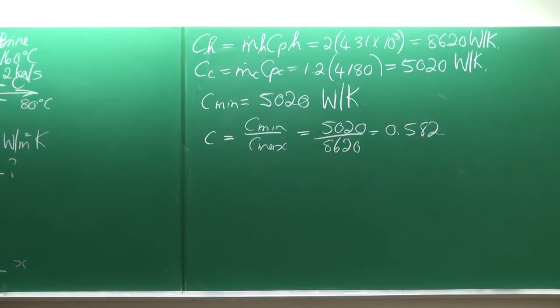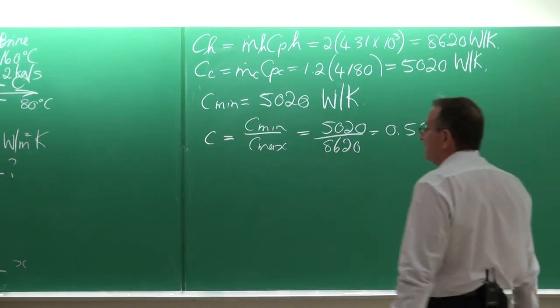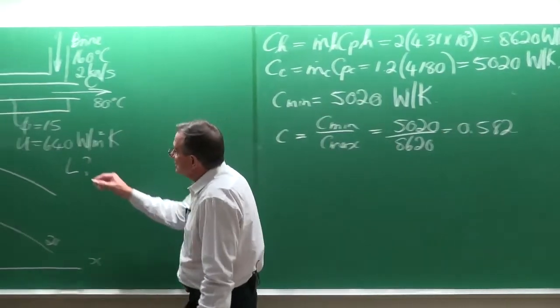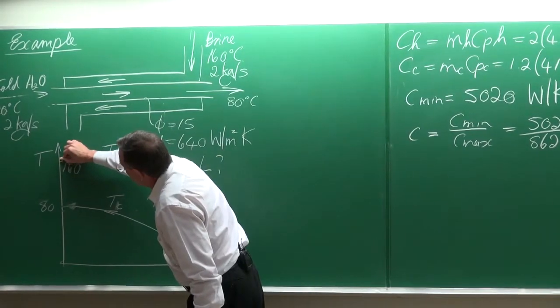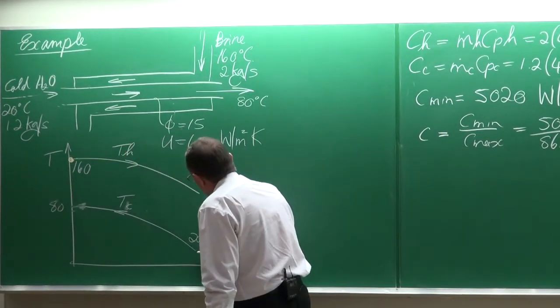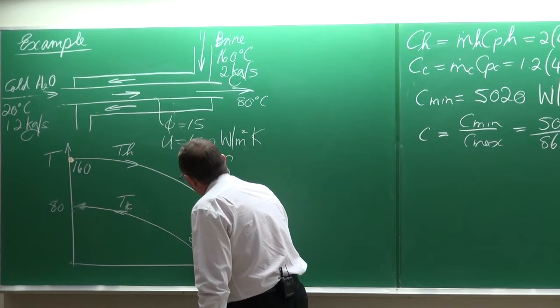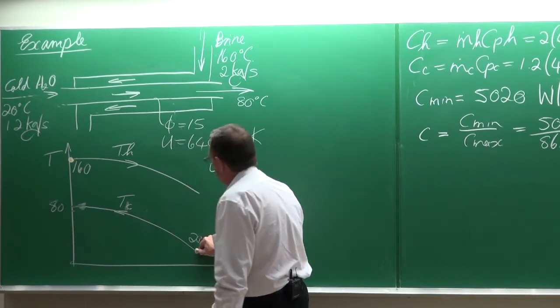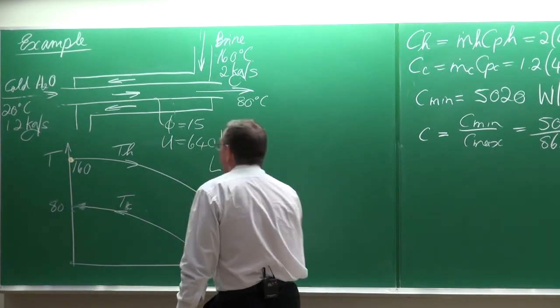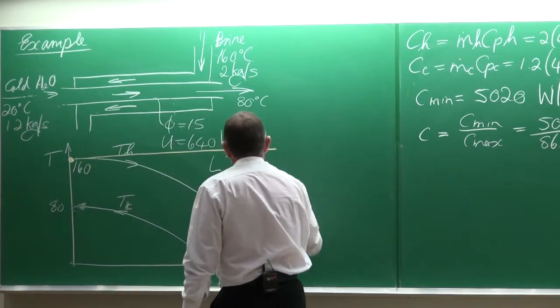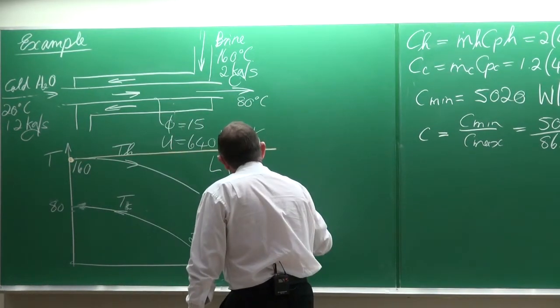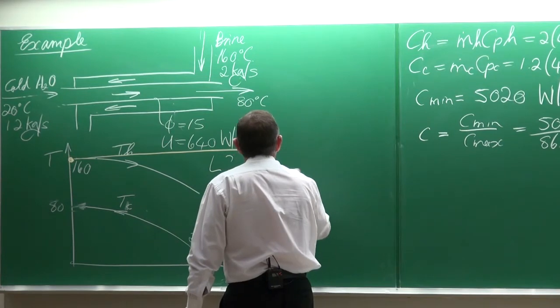One of the very important characteristics of the effectiveness NTU method is to realize that if that is the maximum inlet temperature, and that is the maximum inlet temperature, then the maximum delta T is those two extreme values. You see that?